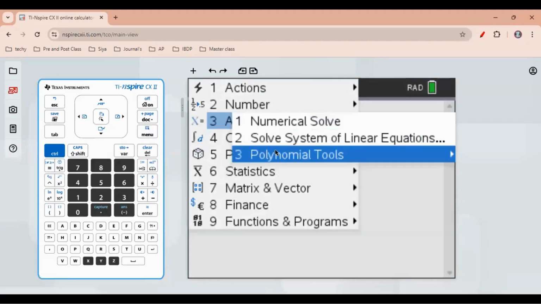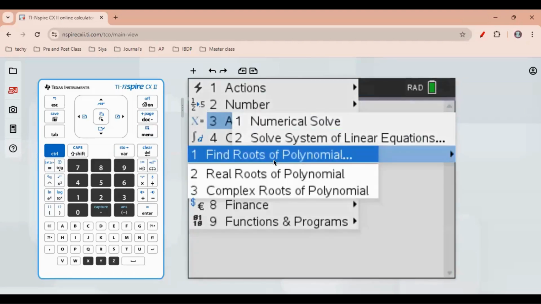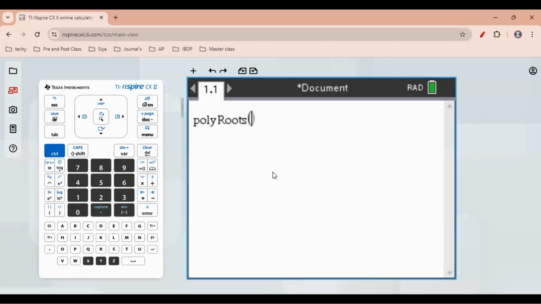Go for algebra and choose the polynomial tools. You can choose real roots. That will be good. So polynomial roots of whatever the equation we got. So don't put it as an equation, make it a polynomial.